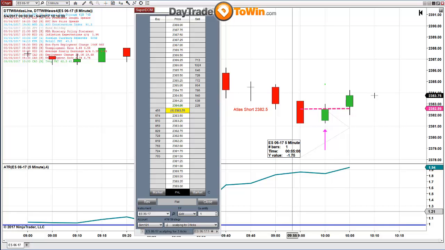In addition, a lot of people try to read tape. And so when you look at these values, for example, 1024 at 2386, you may say to yourself, there's no way that all of these numbers are going to be absorbed to the upside. I have to say that the numbers that you're seeing here are completely fake.